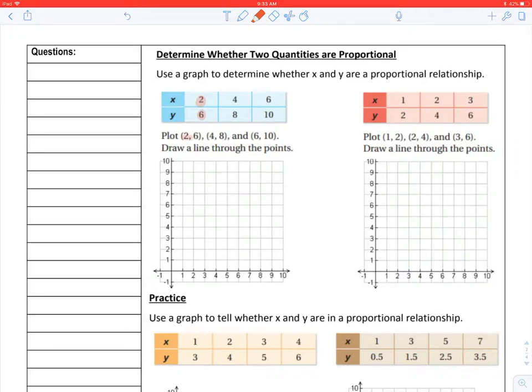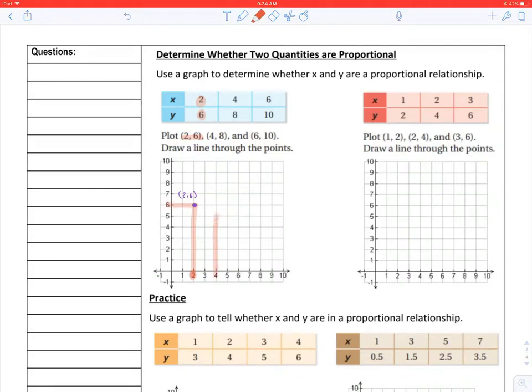I've got 2, 6. So I'm going to start at 2 and then go up 6. And so I'm going to place one point here. This is my 2, 6 point. And then the next point, 4, 8.